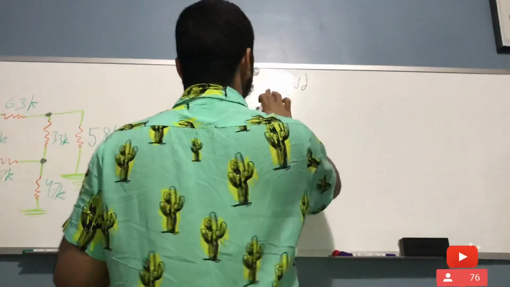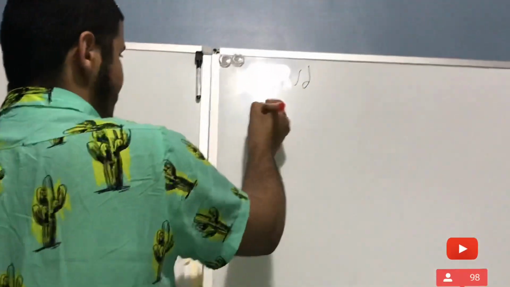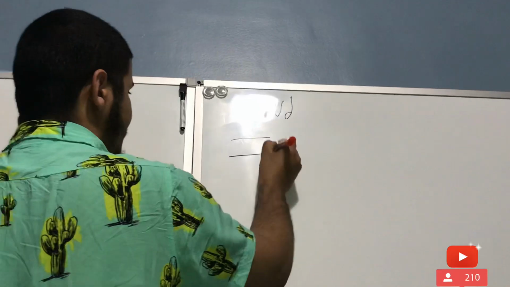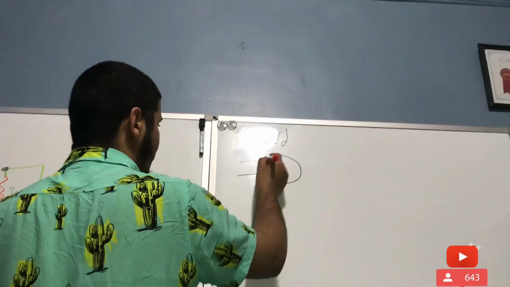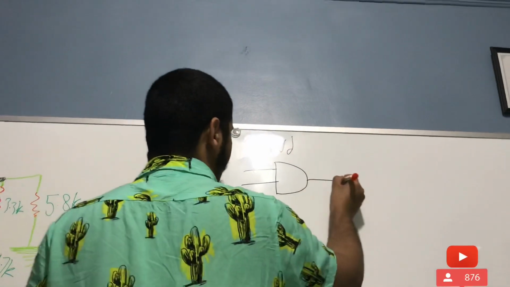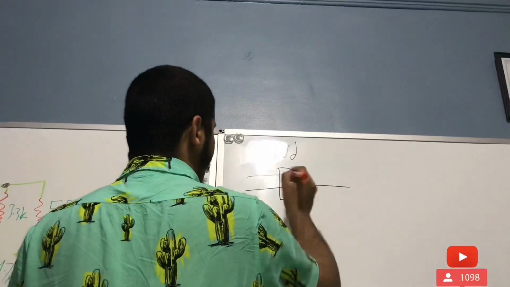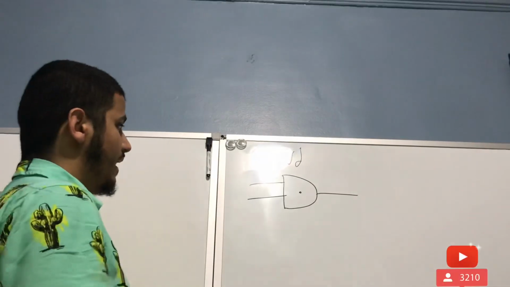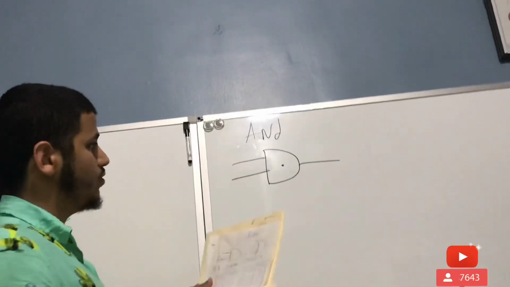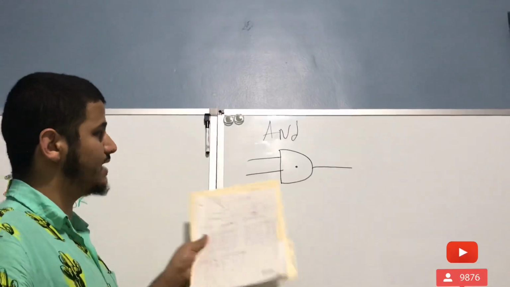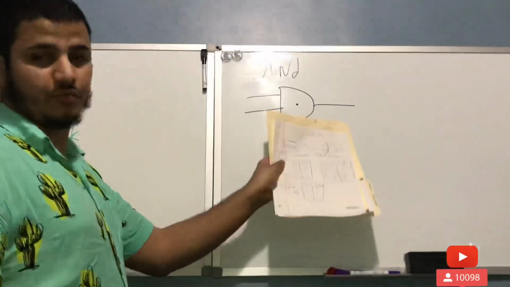That's the AND gate. That's the name for it, and that's the symbol. As you can see, it has two inputs and one output.